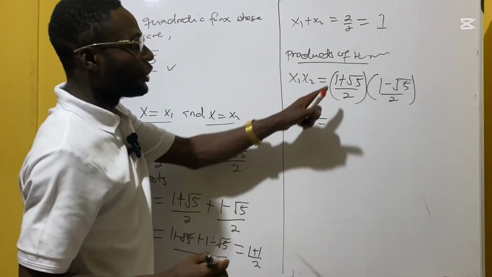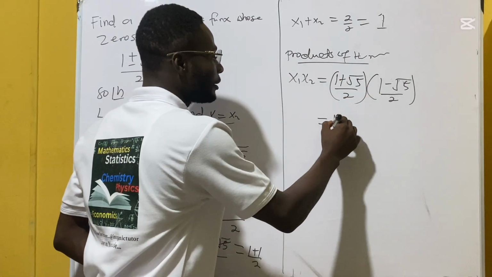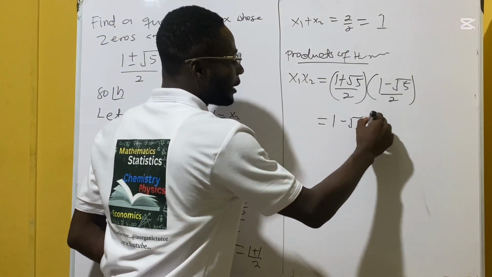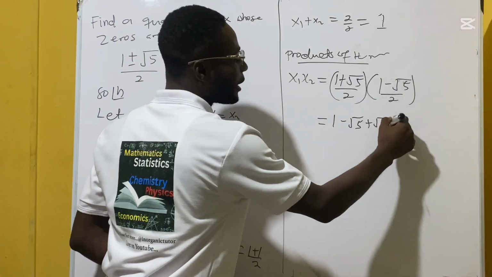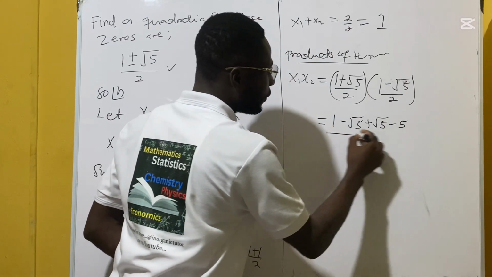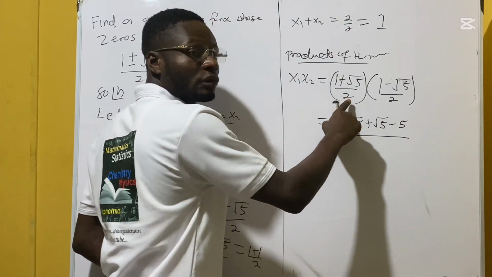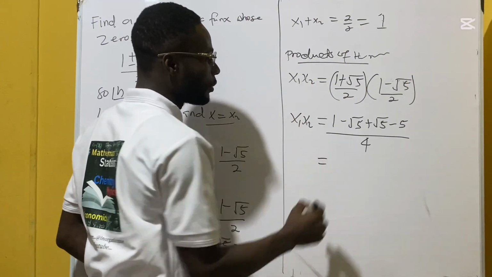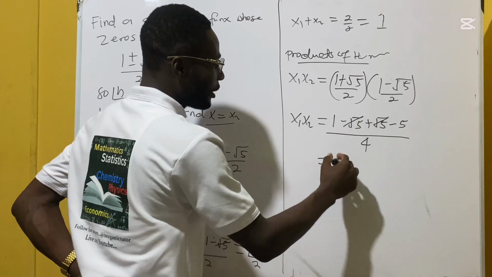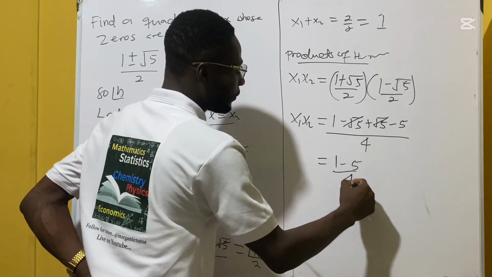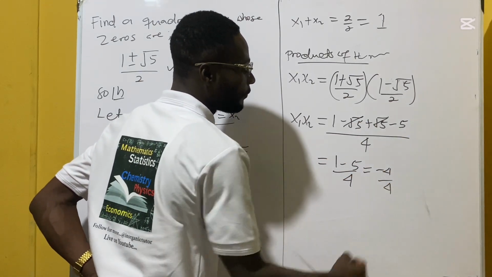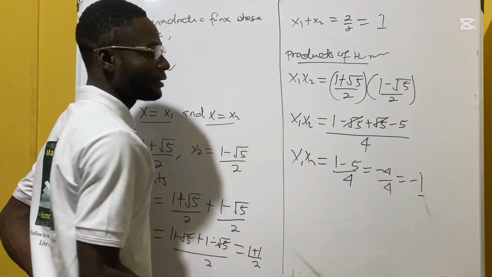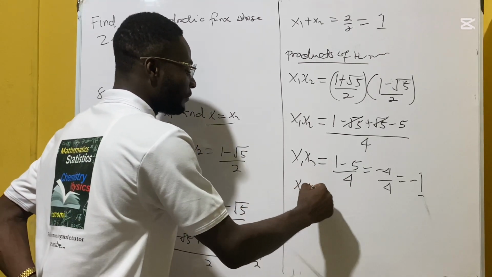Here we expand that, and we have 1 minus root 5 plus root 5 minus 5, all over 4, since 2 times 2 is 4. The root 5 terms cancel, so we have 1 minus 5 over 4, which is negative 4 over 4. So we have basically negative 1 for the product.